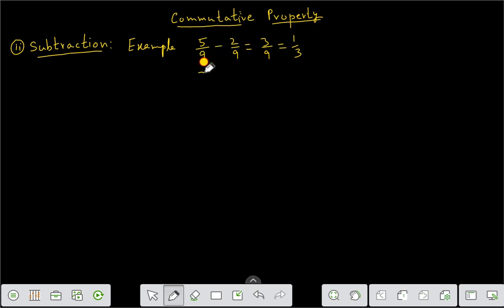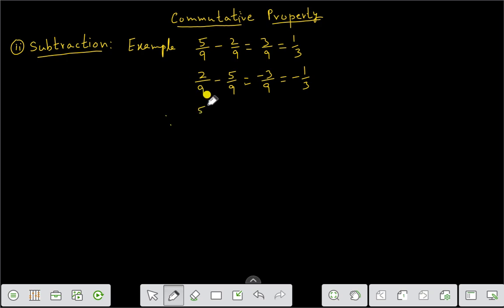And if you subtract 2 by 9 minus 5 by 9, then you are getting minus 3 by 9, that comes to minus 1 by 3.